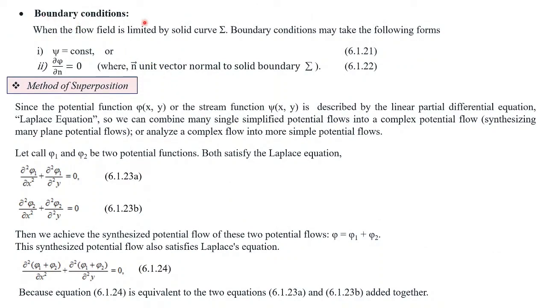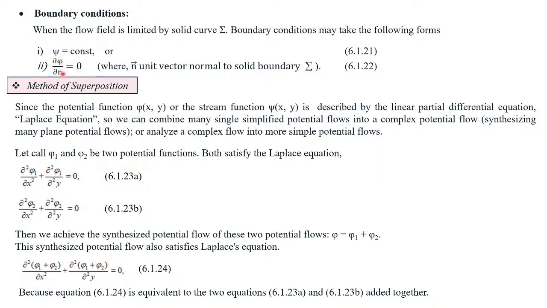Boundary condition, so we have two kinds. The first kind, psi constant. You remember psi constant is a streamline, and the derivative of phi with respect to n equals 0.